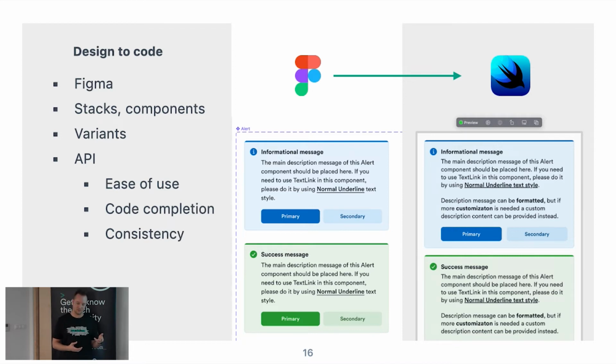So even the designers themselves have variants such as whether something is critical, or does it have buttons or not. And in the API that we code, we try to follow that principle.